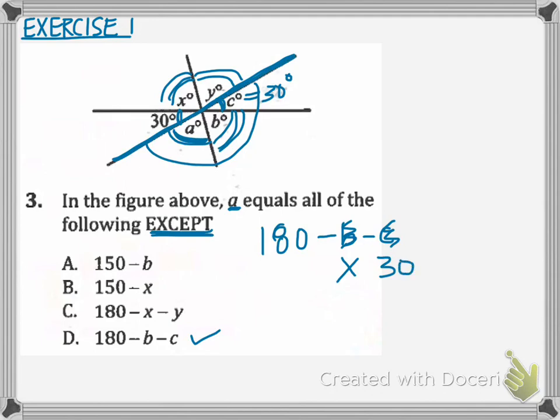I could combine the 180 and the minus 30 to make 150 minus X. Well, I see that as answer choice B.